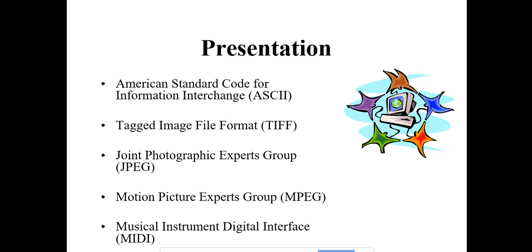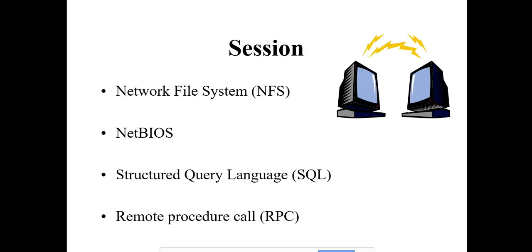Any of the formatting, like how is the document going to be saved? Is it an ASCII file? Is it a JPEG? Is it a video? Is it an HTML? What's going to be the format? How is the extension of that document going to be saved? That's typically what we see for the presentation layer.